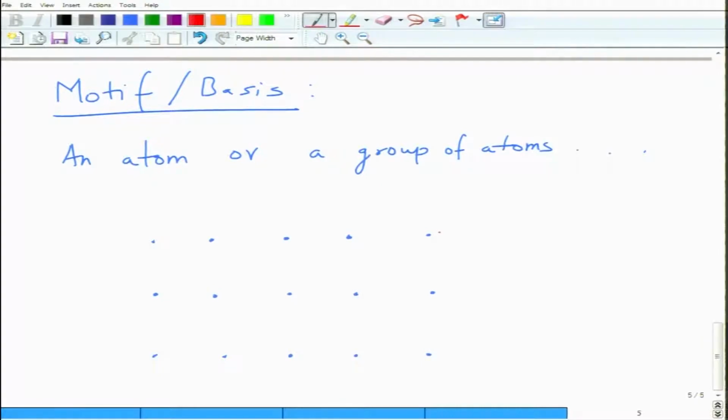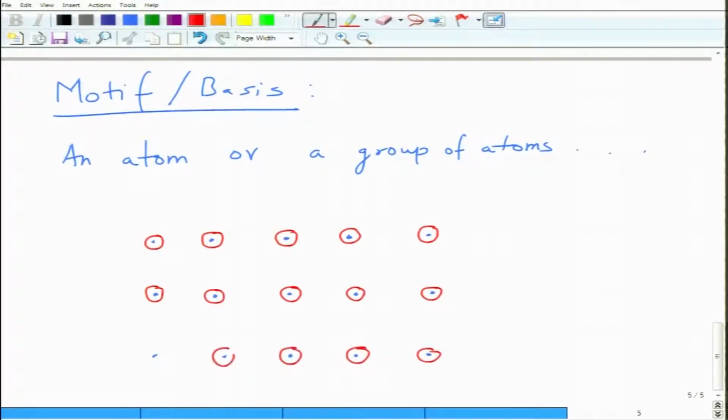Now let me replace each of these points by, let us say, atom A. So this becomes a periodic lattice of A. For the sake of simplicity we have taken A as a circular or spherical atom in 3D.